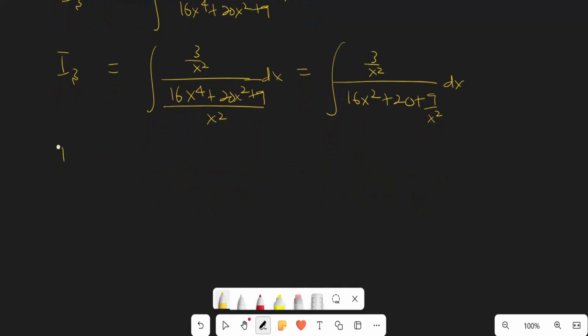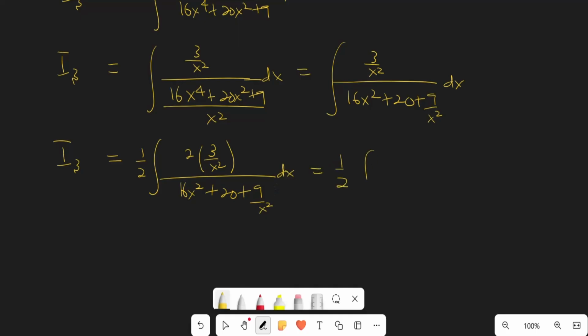Right. So I3 is going to be the integral. I'm going to multiply the numerator by 2 and divide by 2. So that'll be 16x squared plus 20 plus 9 over x squared dx. And this one can be rewritten as 3 over x squared plus 3 over x squared, divided by 16x squared plus 20 plus 9 over x squared dx.